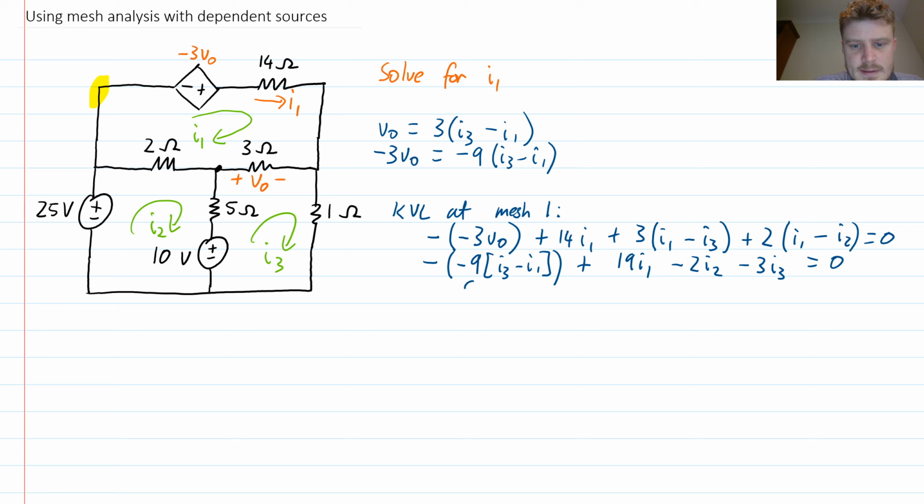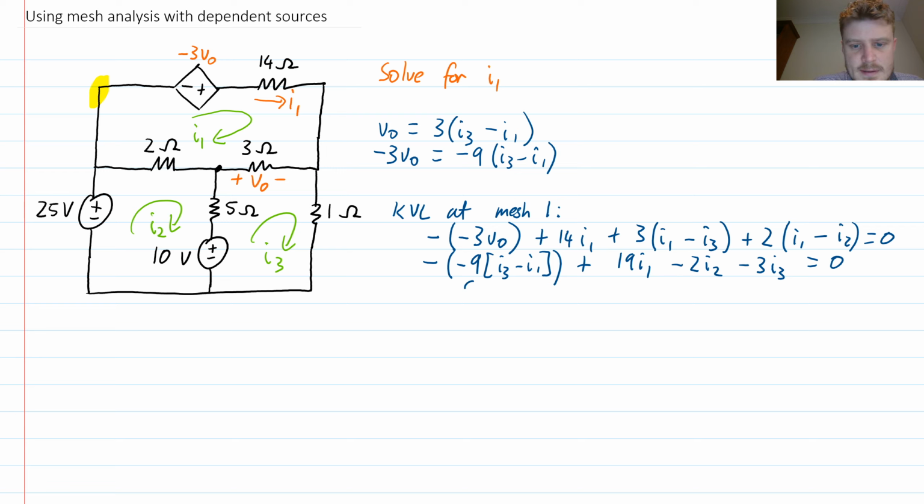There's a plus 19 and a minus 9, so that's going to give me 10 I1. The terms involving I2 stay the same, and for I3 I get a plus 9 and a minus 3, which gives me plus 6 I3, equal to 0. So that will be equation number 1.